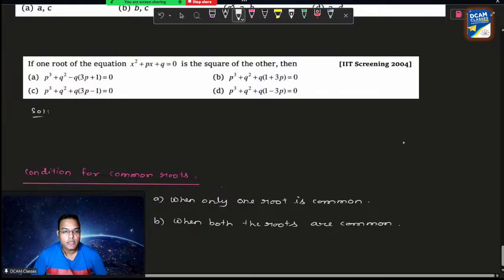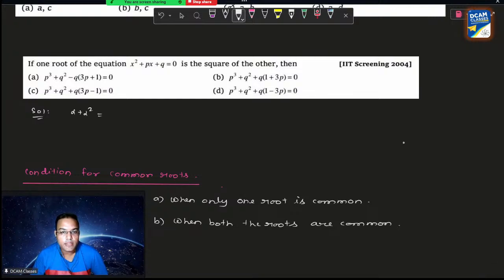Let's see. The IIT screening question should be the third one. One root is the square of the other. Alpha plus alpha square is equal to minus b. Alpha cube is equal to q. It's D.